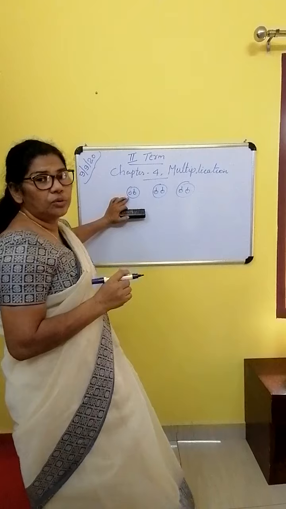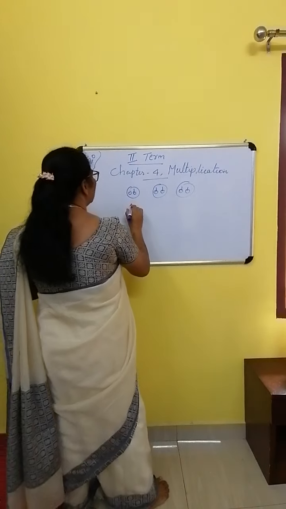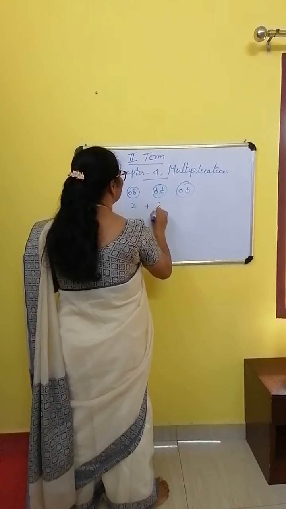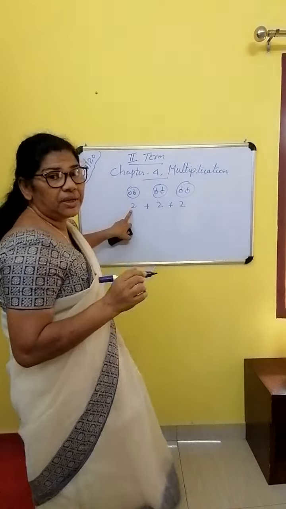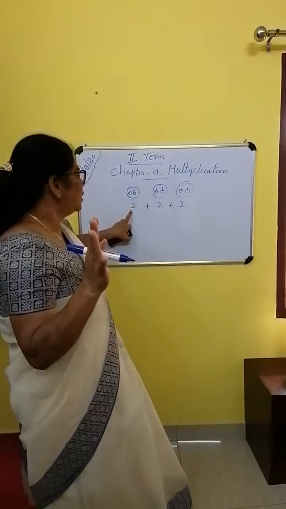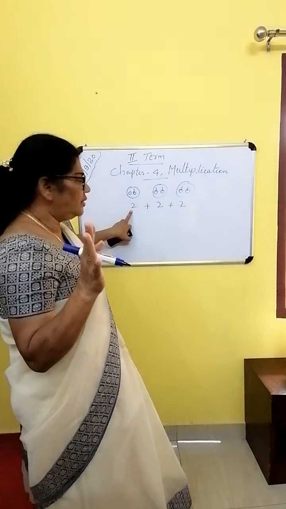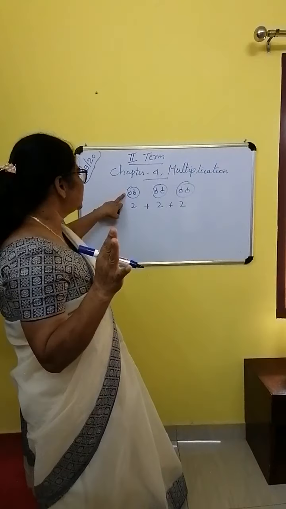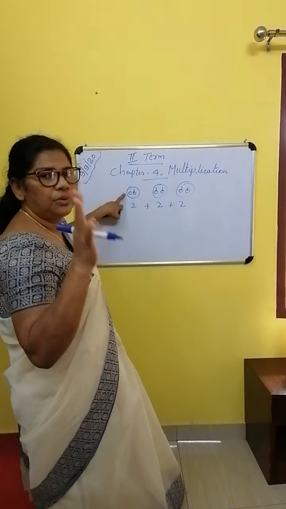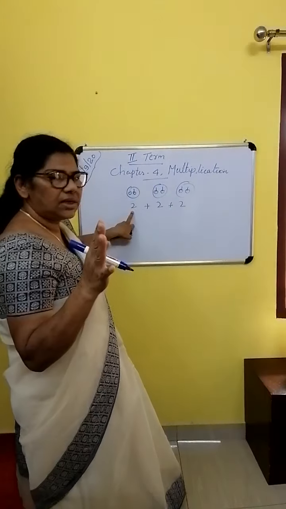Then another one. See, in one group, 2 objects. Here, 2 plus 2 plus 2. 2 is repeated 3 times. The number given is 2. The objects in the group, 2, is written here.